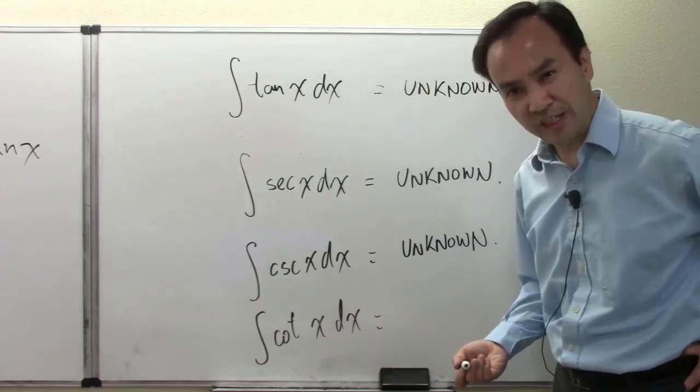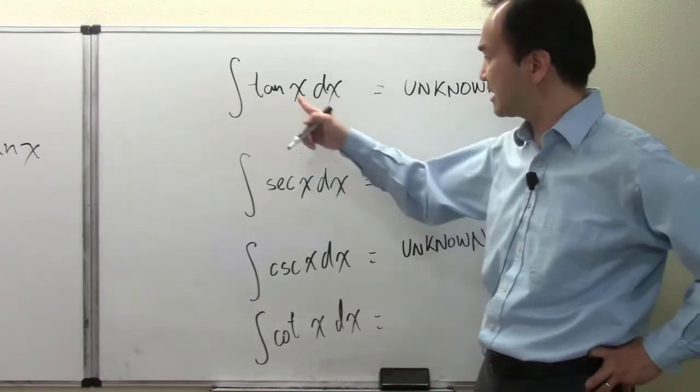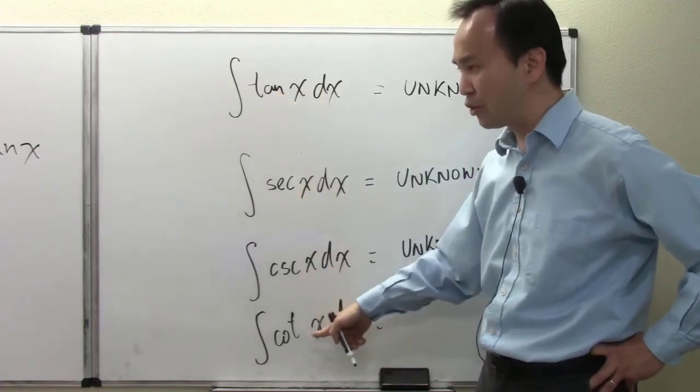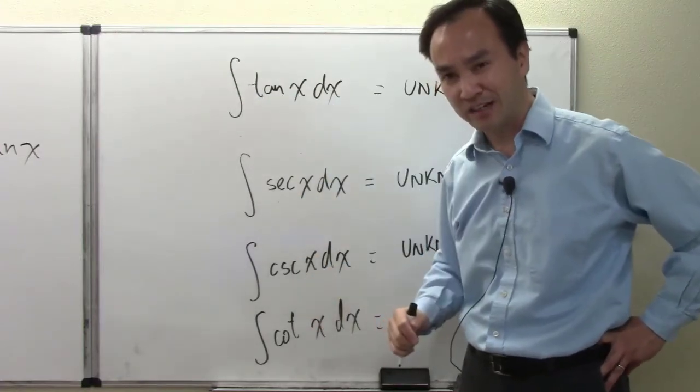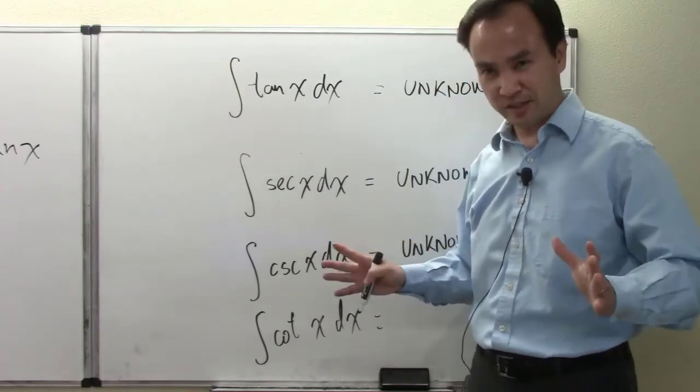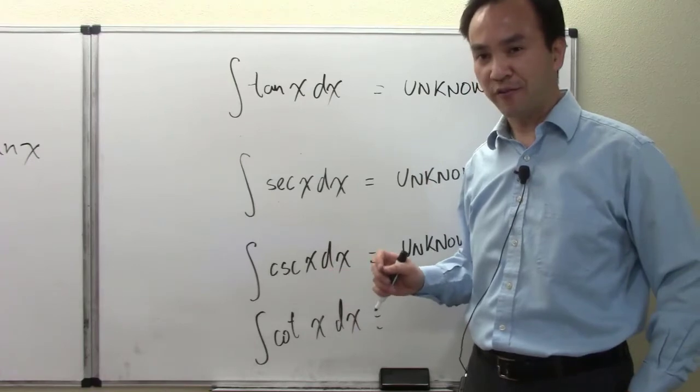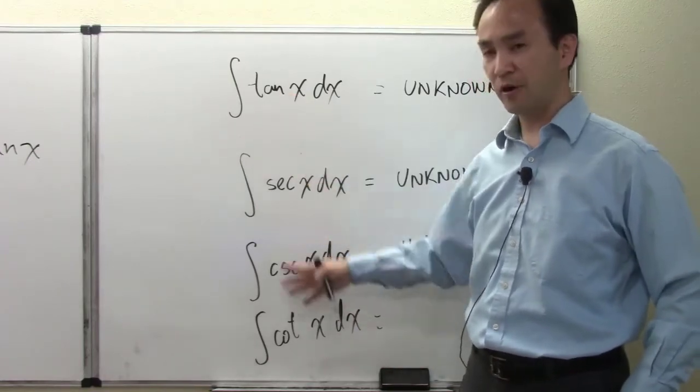If this was a trigonometry course, I would teach my students that tangent, secant, cosecant, cotangent, together with the sine and cosine that you have seen over there, are the 6 basic trig functions, because the entire family of all trig functions is built from all 6 of these.